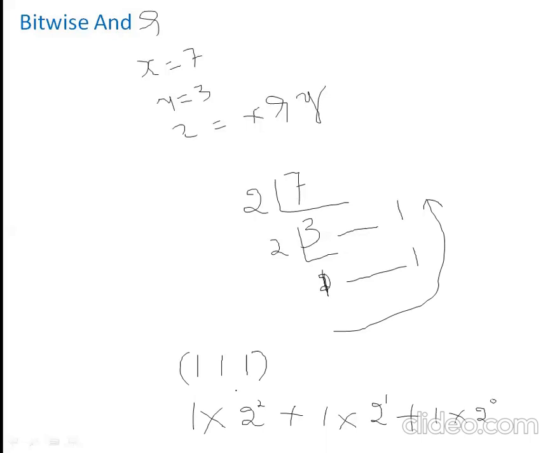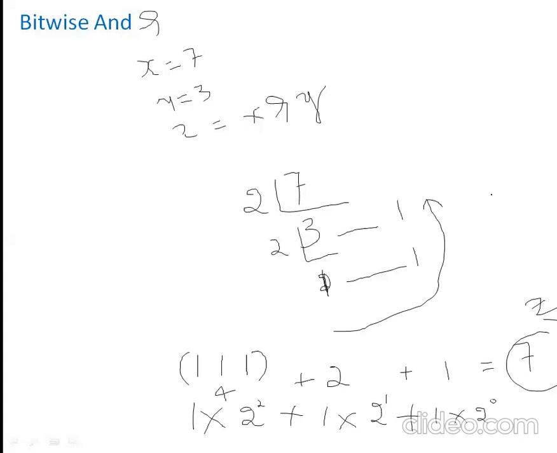So 1 into 2 to the power 2 means 4, plus 1 into 2 to the power 1 means 2, plus 1 into 2 to the power 0 means 1, because anything to the power 0 is 1. So 4 plus 2 plus 1, finally what we get? 7. Clear?